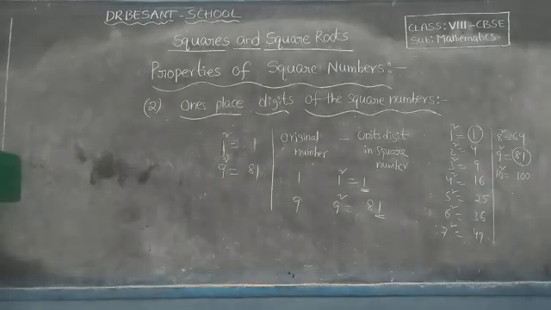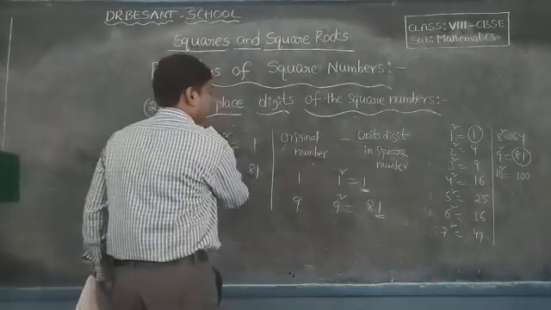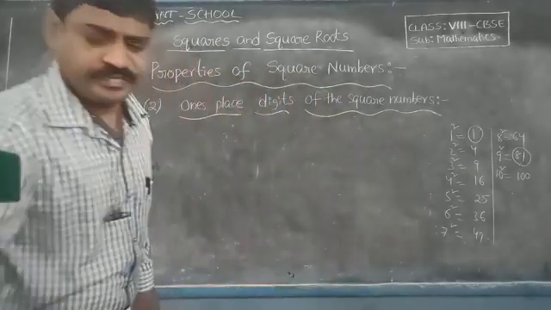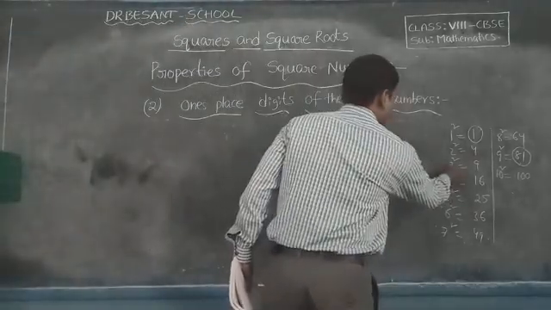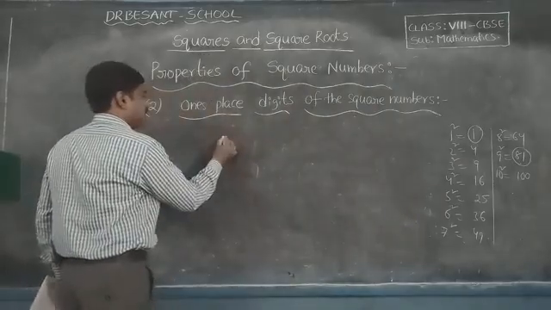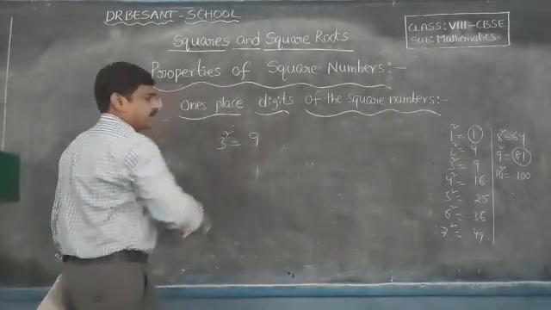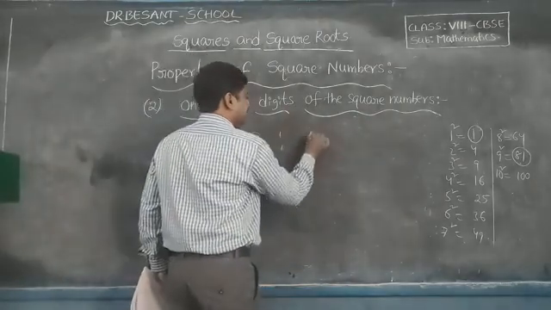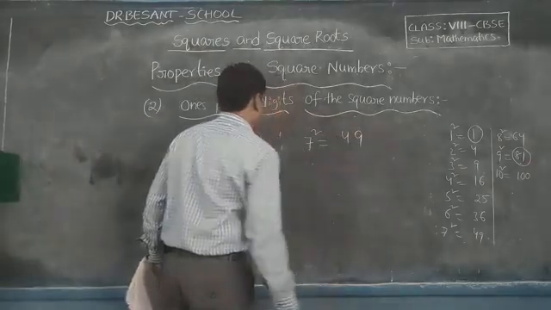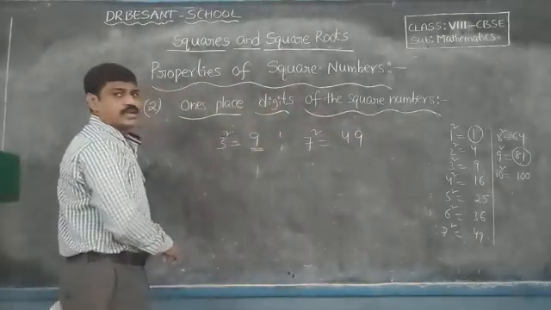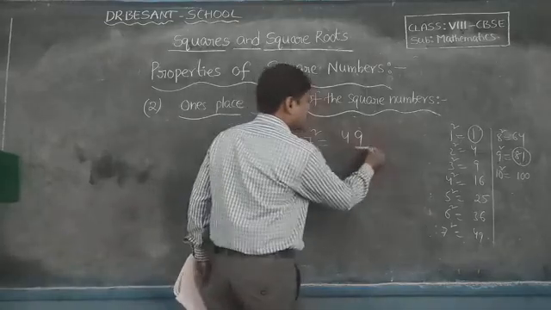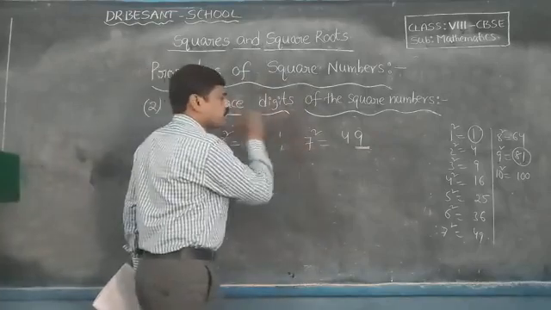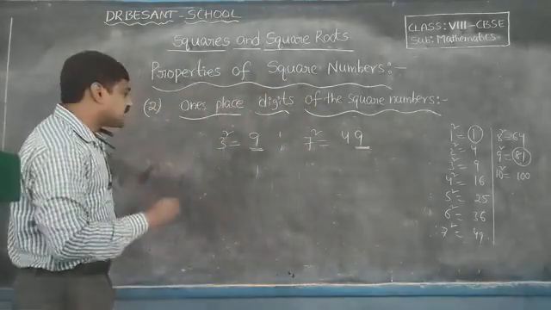See, observe here. 3 square 9, 7 square 49. The digit in units place is what? 9. The digit in units place is what? 9. Then what is the original number? Here 3. Here what is the original number? 7.